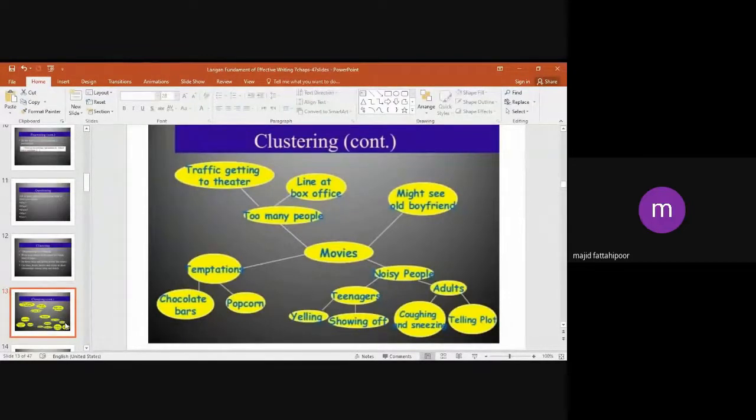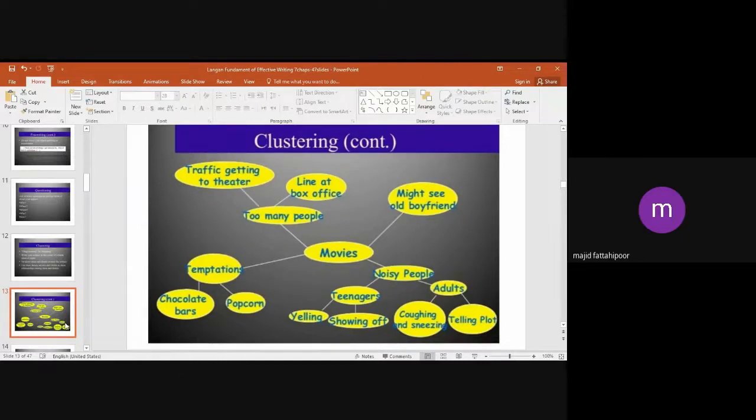These are the drawbacks, the problems, the disadvantages about movie going. They are all about one thing, the process of getting to the theater itself, whether it's traffic or too many people jammed outside or in the line.